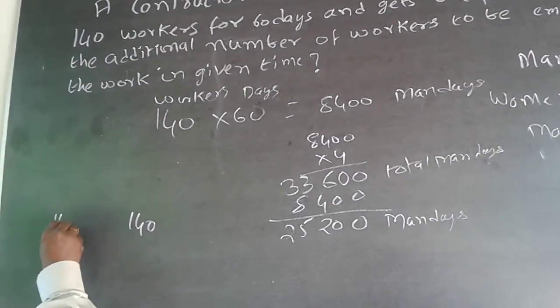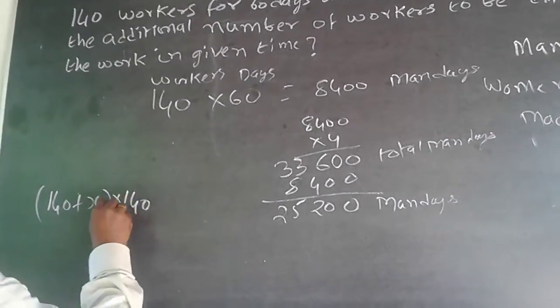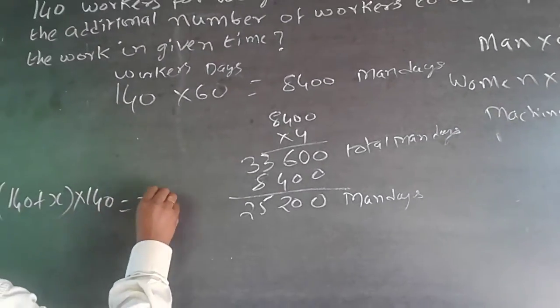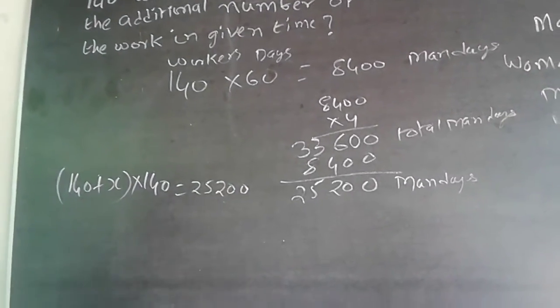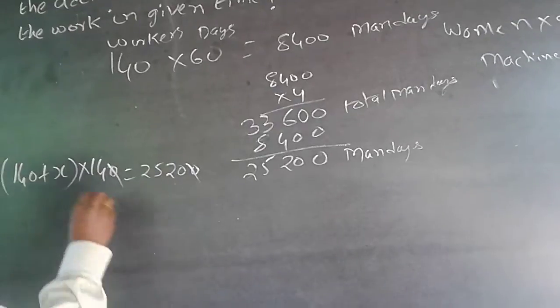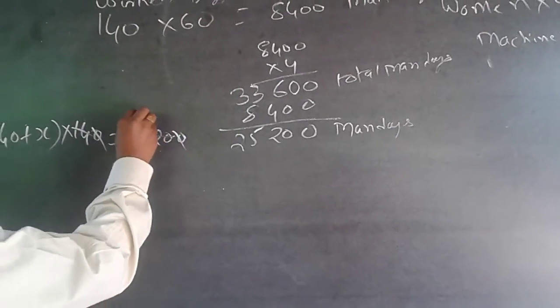So we'll make it 140 plus X. So this into this should be equal to 25,200. Now this 0 will get cut, and the 14 you can cut it, so this will be 180.